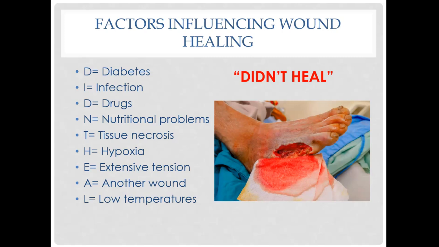Obviously, tissue necrosis, hypoxia, if they've had extensive tension on an area, another wound, and then low temperatures. So think of frostbite and things like that, where people lose their toes and fingers. That's due to not having circulation to those areas because those vessels are so clamped down trying to warm the main parts of the body.